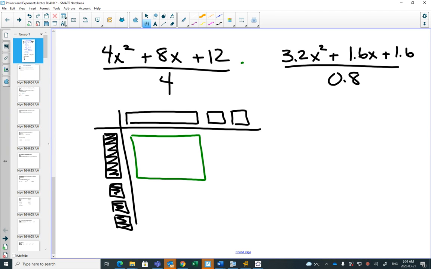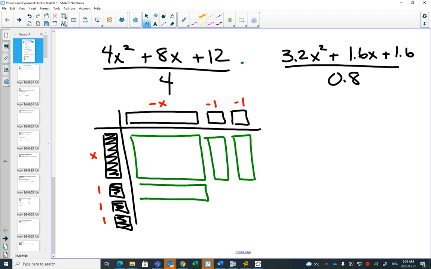This one would be not colored in because it's an x. I mean, you can think of this as a negative x and this is an x, right? And this is a negative 1, negative 1. And then this would be a negative x, and this would be a negative x. Another negative x, another negative x, and another negative x. Oh, everything's negative.